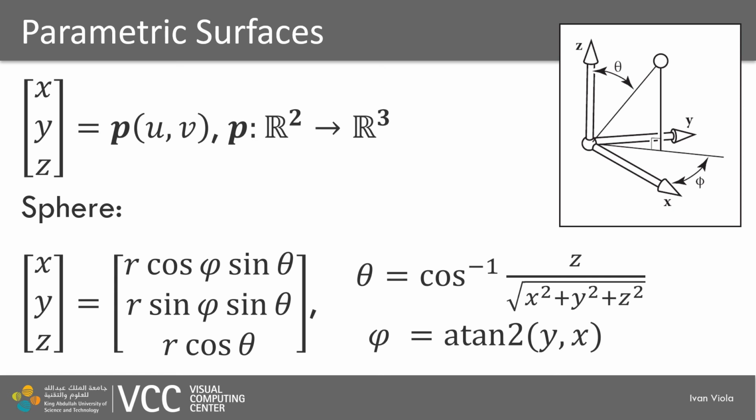This one is coming from the representation of a circle in 2D, but now we are extending the parametric representation into a sphere. This is the parametric representation, and for X and Y, we can see that we already have this circle representation, which we saw on the previous slide.